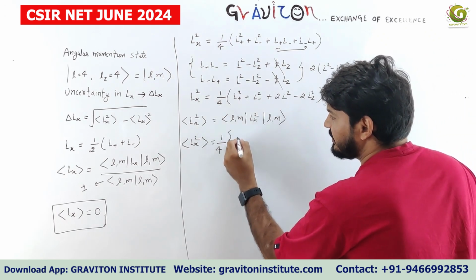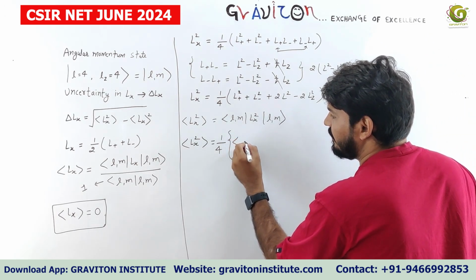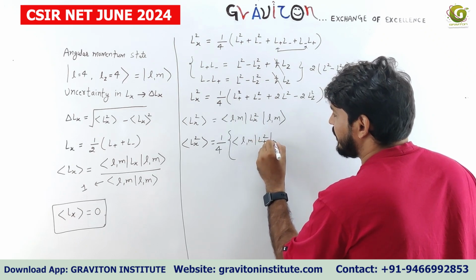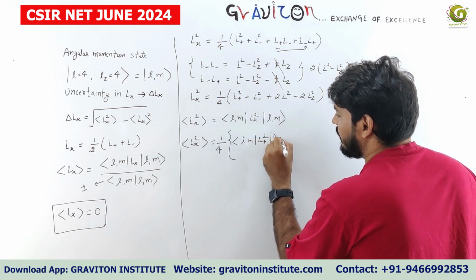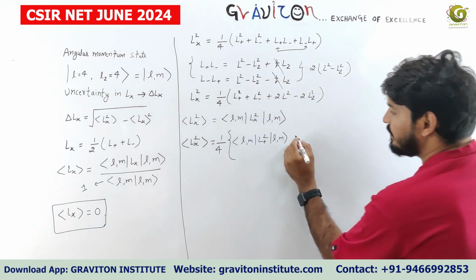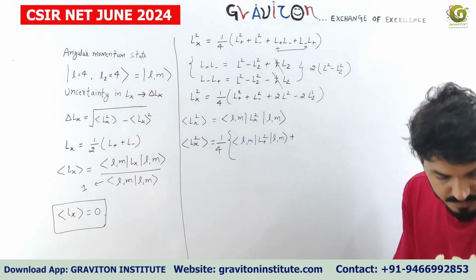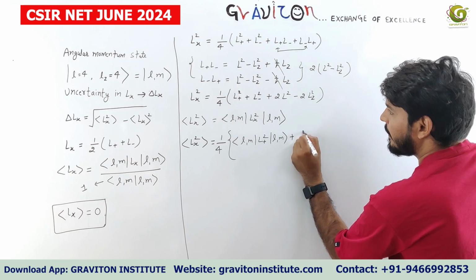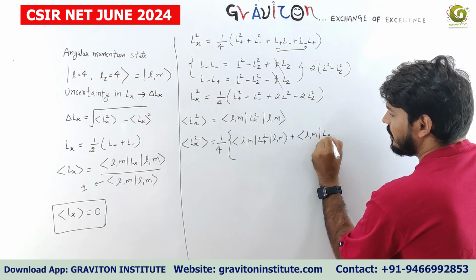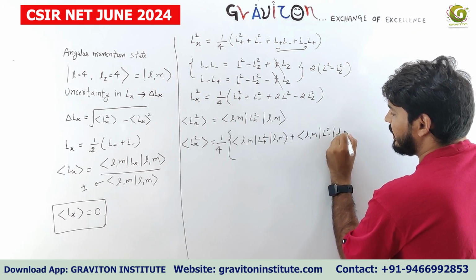Now first term is expectation value of this ⟨Lm|L+²|Lm⟩. This is the first term, plus ⟨Lm|L−²|Lm⟩.